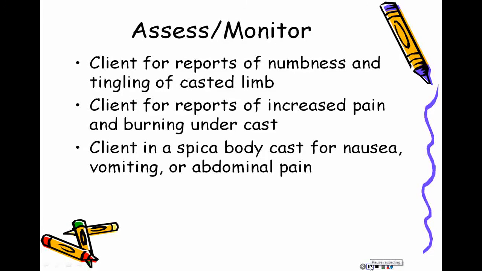On page 1640, there's a figure 63-12 that shows you the different type of cast that a patient can have applied. And on it shows you a spica cast, a double hip spica.